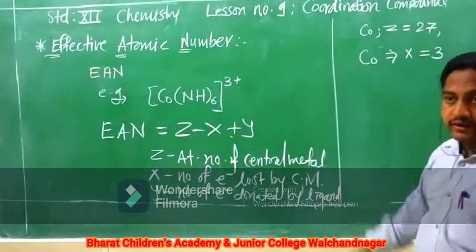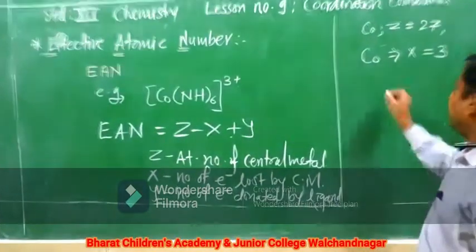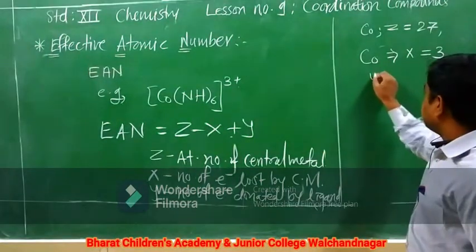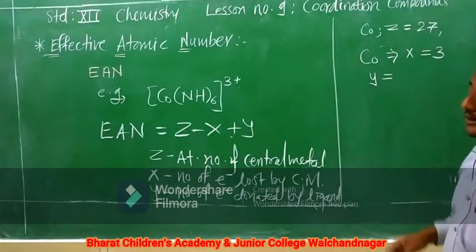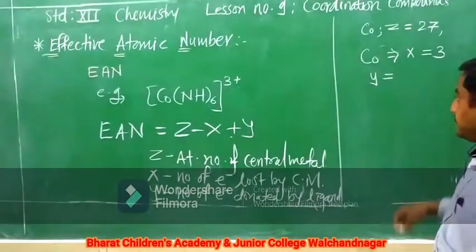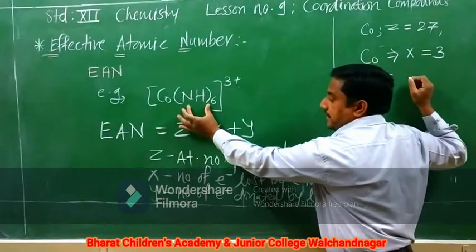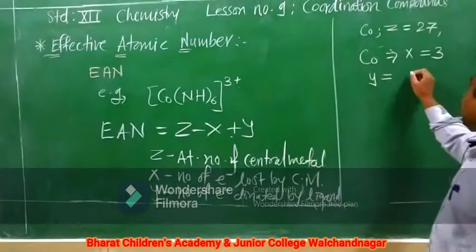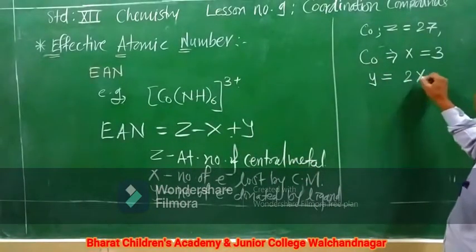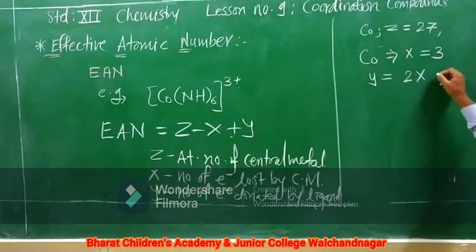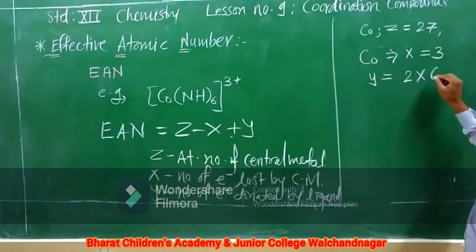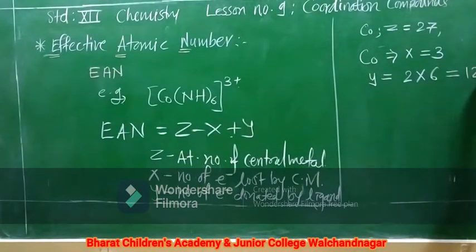Number of electrons lost by the cobalt is 3, and the number of electrons accepted, that is Y, or donated by the ligand or accepted by the central metal, is equal to the number of ligands into 2. Why? Because each of the ligands will share one pair of electrons and we have 6 ligands. Therefore, Y will be equal to 12.